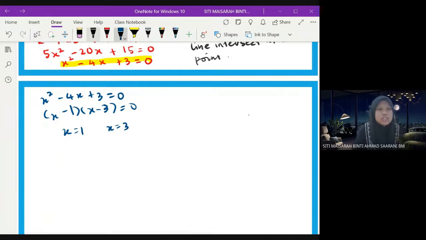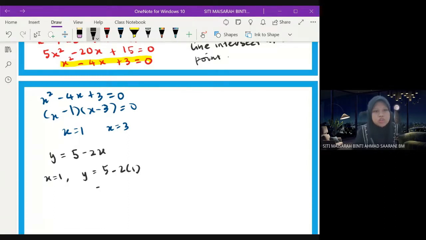Okay, since kita punya equation 2 is y equals to 5 minus 2x, so then when x equals to 1, y is equal to 5 minus 2 times 1, which is equals to 3. So this one kita dapat point 1, 3. Okay, when x equals to 3, so y is equal to 5 minus 2 times 3, which is negative 1.